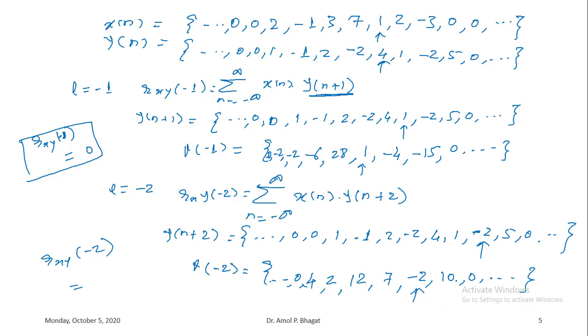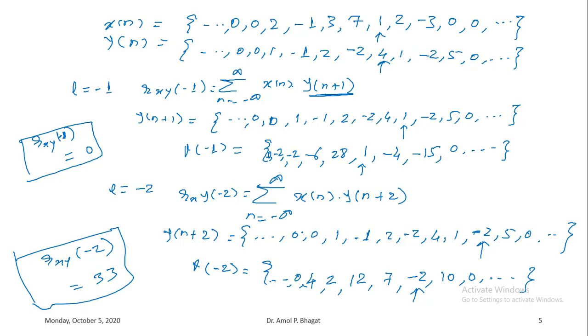Okay, so 10 minus 2 will be 8, 15, 27 plus 6 will be 33, right? So it will be 33. So rxy of minus 2 will be 33.